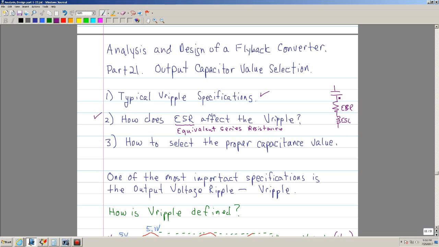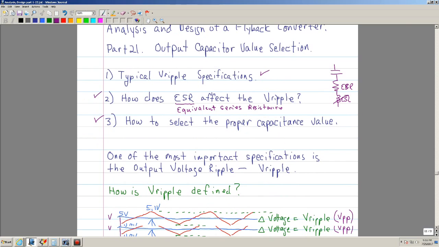Typically if you're using surface mounts, you can neglect this, or say that it's very small, especially for the frequencies that we're operating at, which is 100 kilohertz. The series inductance is not too critical. Okay, and once you have that and understand that, then we'll see if we can select the proper capacitance.